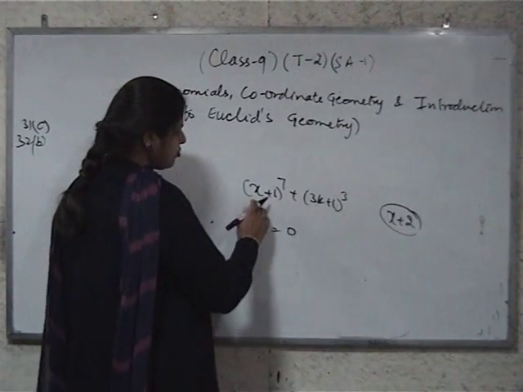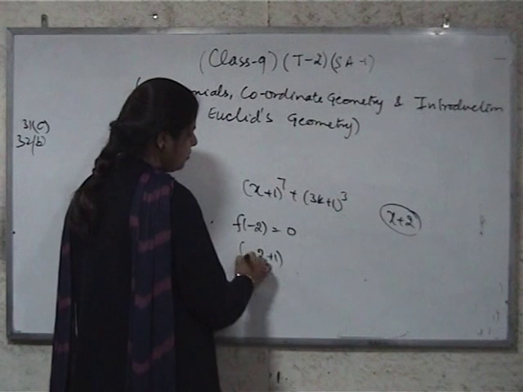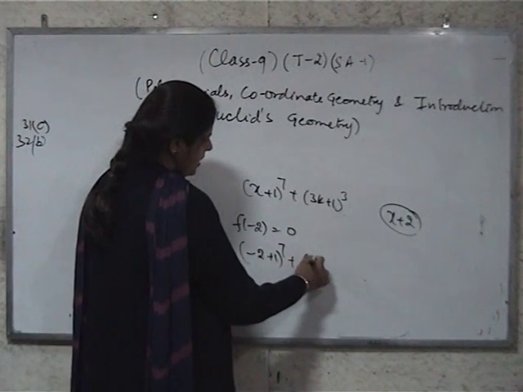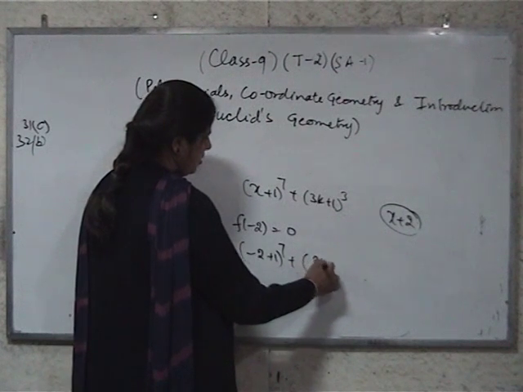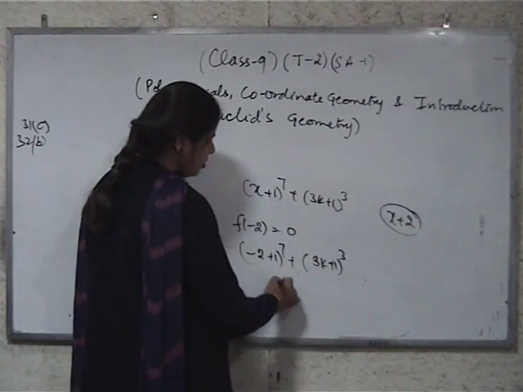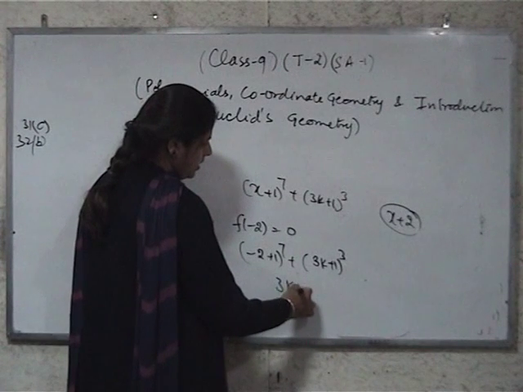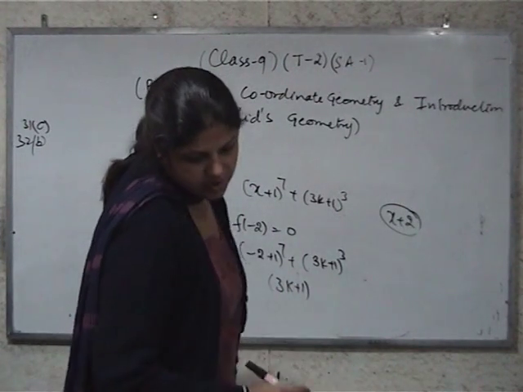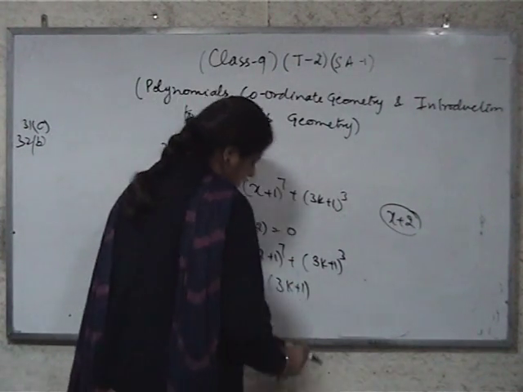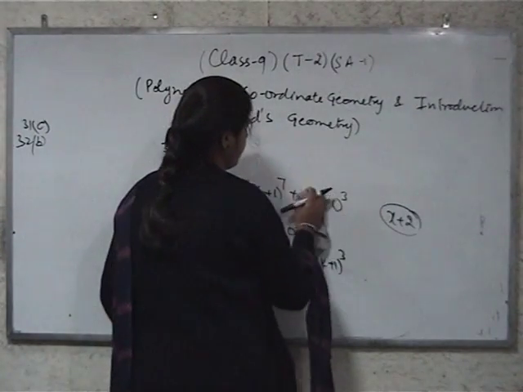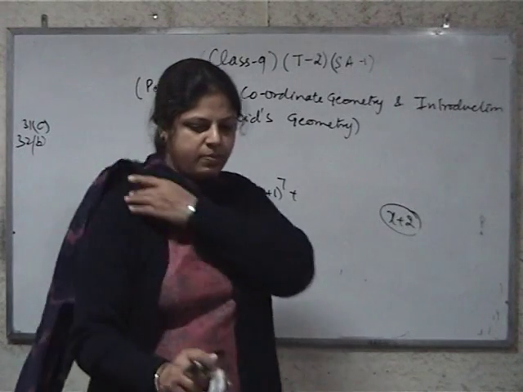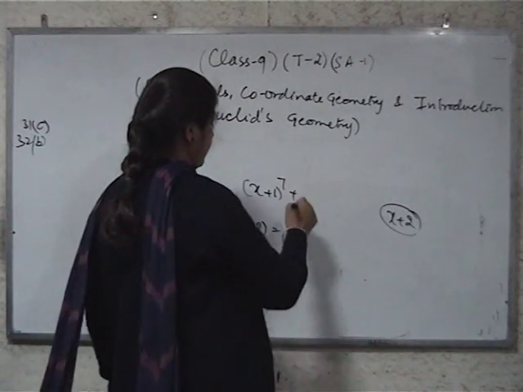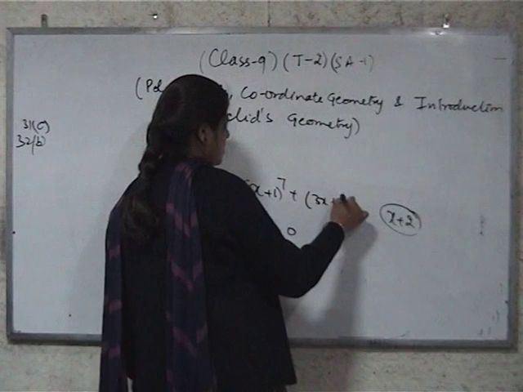So f of minus 2 equals 0 gives minus 2 plus 1 whole power 7, 3k plus 1 whole cube, 3k, it is 3x plus c, I'm sorry, I written down the wrong expression here. This is x plus 1 whole power 7 plus 3x plus k, 3x plus k whole cube.